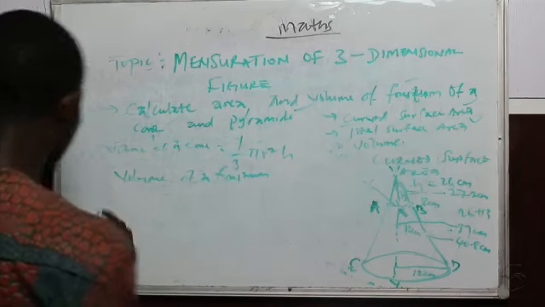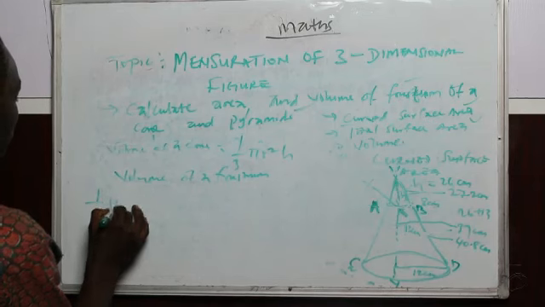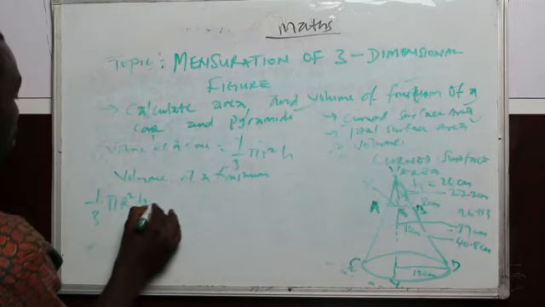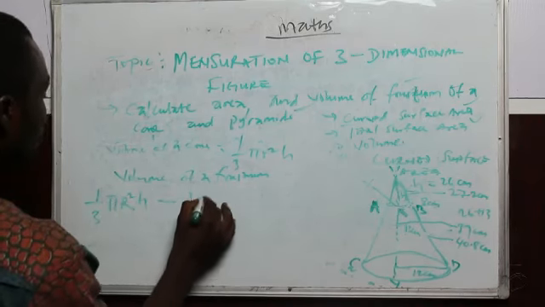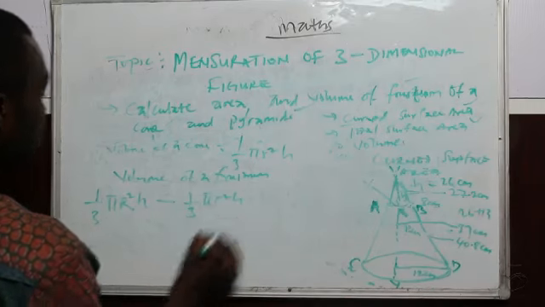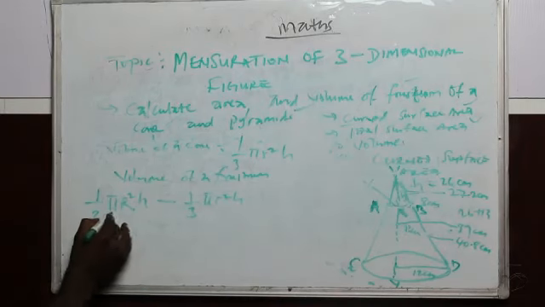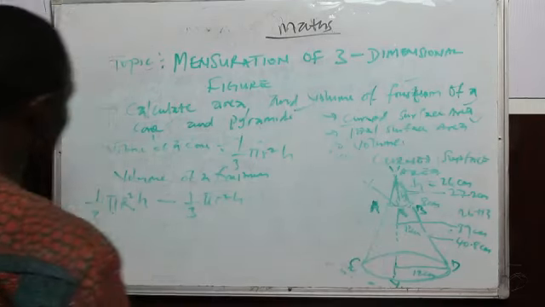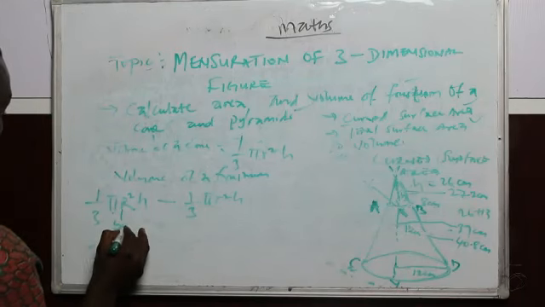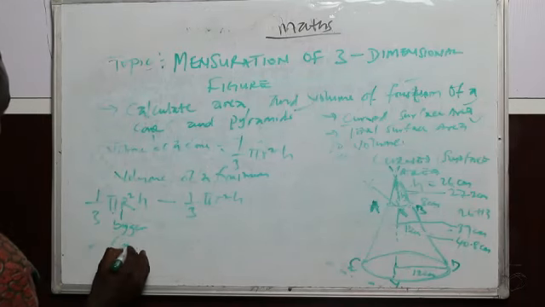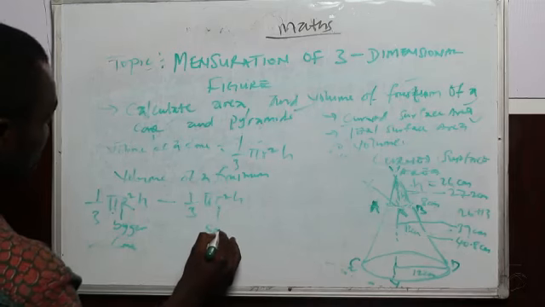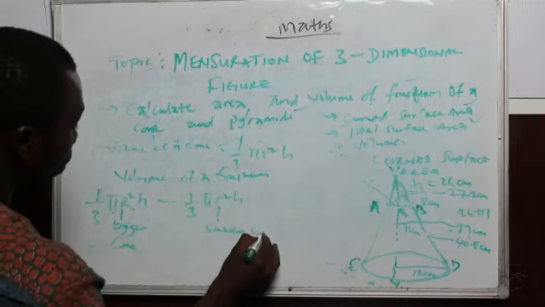is given to be 1/3 pi r square h minus 1/3 pi r square h. That is, this is for the bigger cone, and this is for the smaller cone.